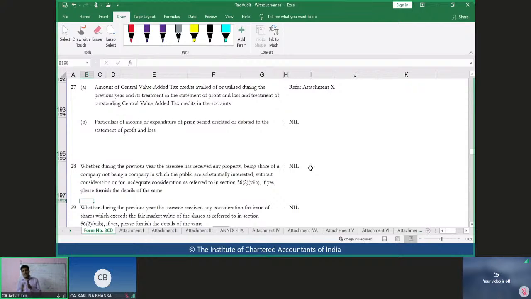So those can be easily tracked over there. Under Ind AS, those will require restatement of the financial statements, for which disclosures will also be required to be given. So from those disclosures also those can be tracked.